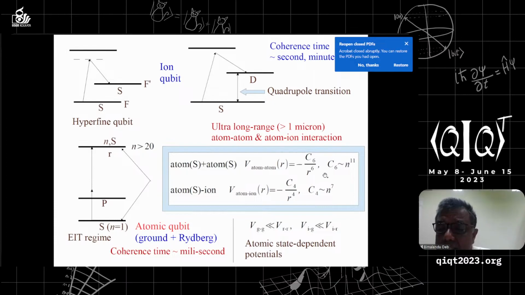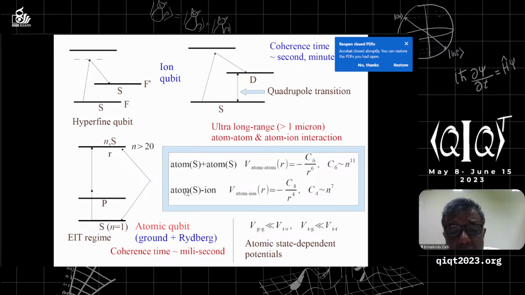But for Rydberg atoms, this C6 is huge because it goes as n to the power 11. So if your n is 20, this interaction potential will be increased by several orders of magnitude, millions of orders of magnitude compared to two ground state atoms.